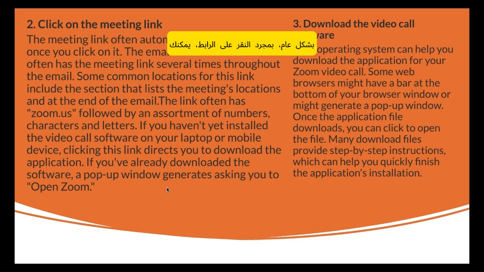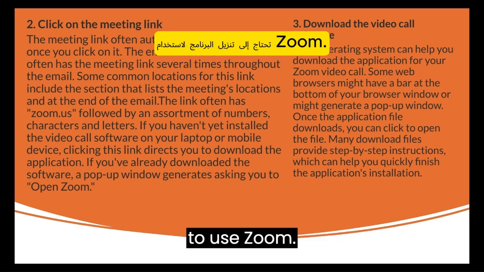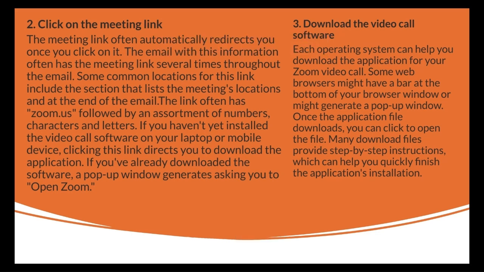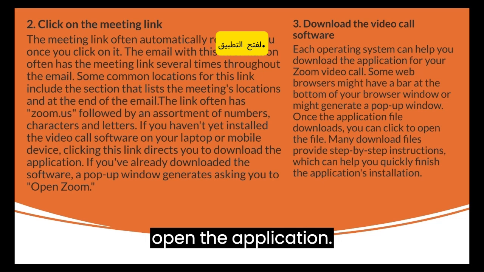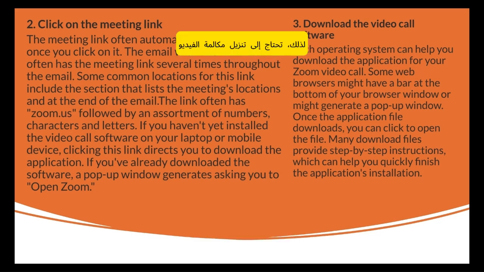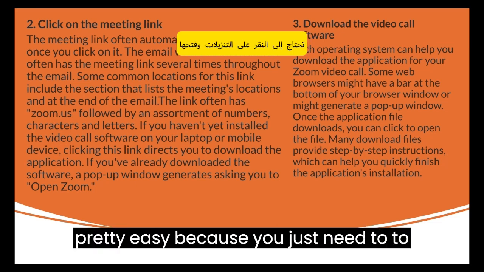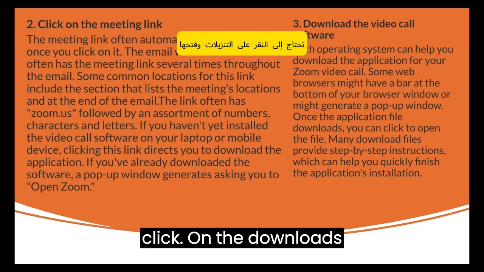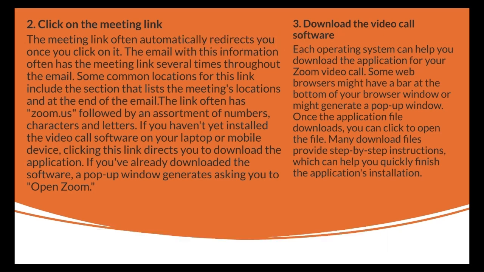Generally, once you clicked on the link, you need to download the software to use Zoom, and it generates a pop-up asking you to open the application. So you need to download the video call software, which is pretty easy because you just need to click on the downloads and open the downloaded file.